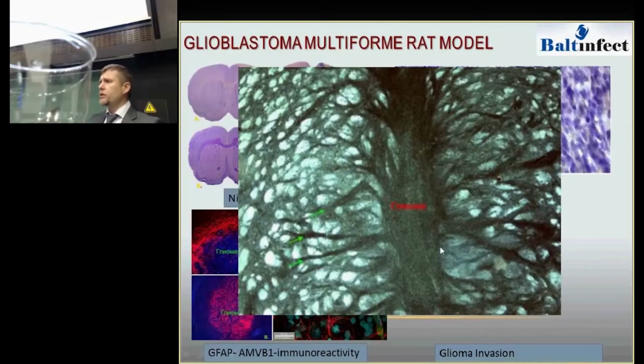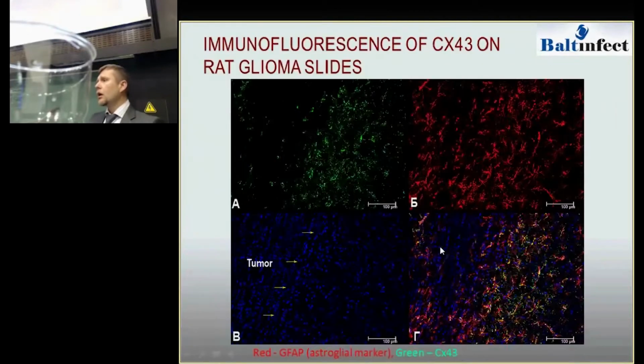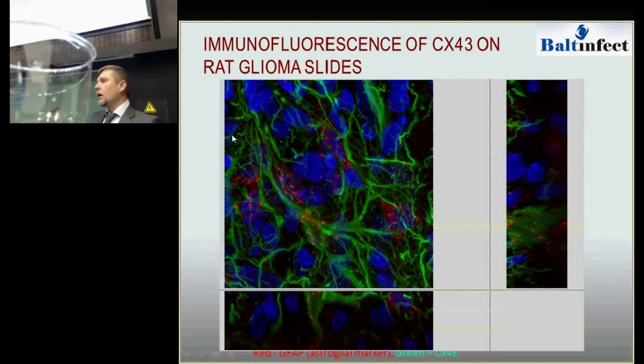So we revealed that in this peritumoral zone occurred a huge expression of connexin 43. Of course, partially this expression occurs because of reactive astrocytes. You know that in this picture, red is GFAP, it's reactive astrocytes.